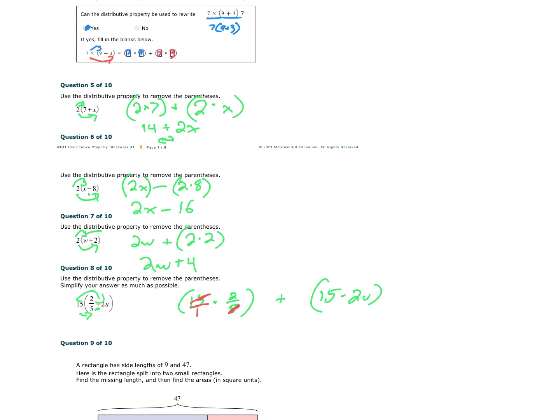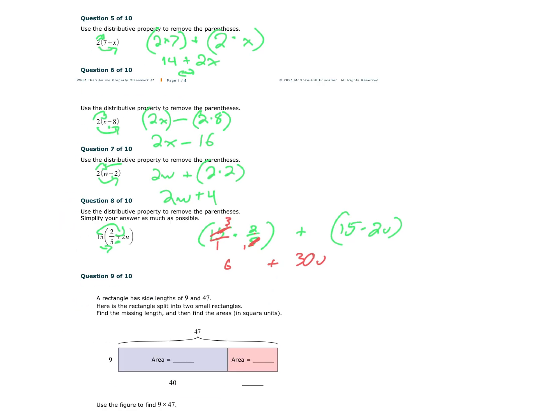The 15 and the 5, we can factor out 5. So that leaves us with 3 and 1. So that leaves us just 3 times 2, which is 6 over 1, or just 6, plus 15 times 2u is 30u. That's my answer, 6 plus 30u. Can't simplify that anymore because we simplified early.